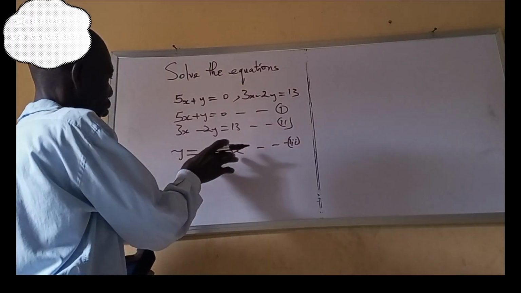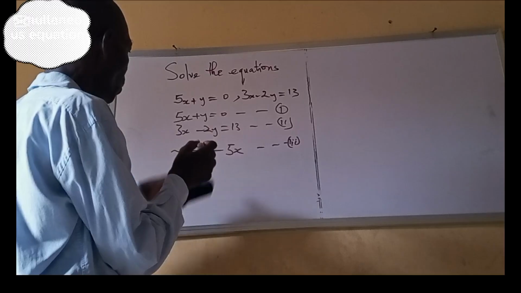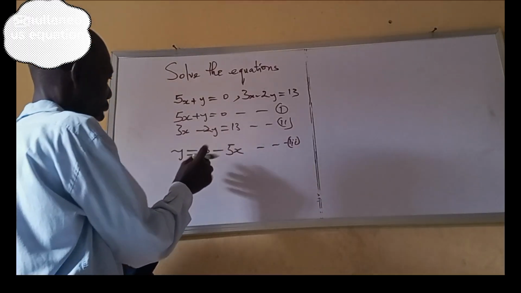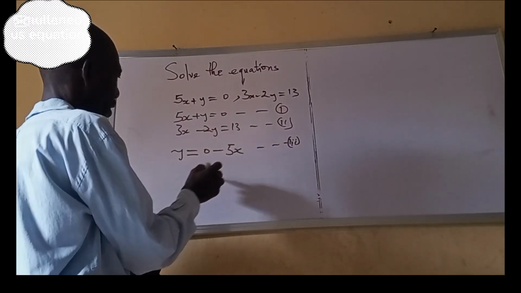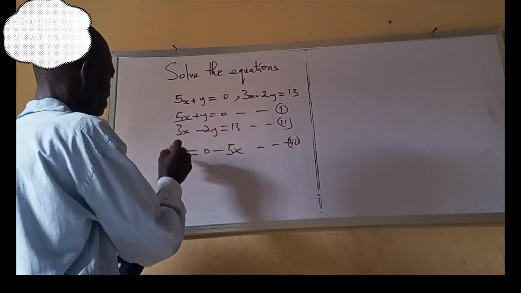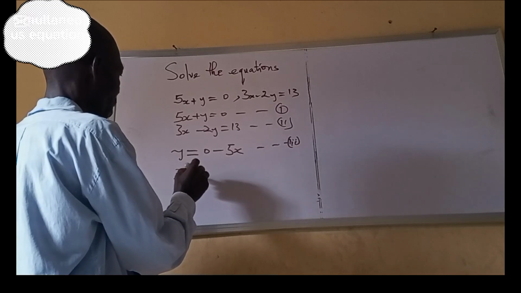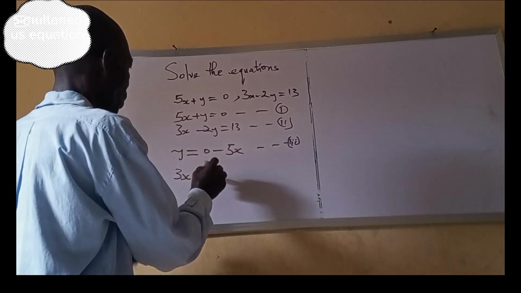We are going to slot in, that is substitute, in equation 2. Wherever we see y, we are going to put 0 minus 5x. So we substitute: 3x minus 2y.